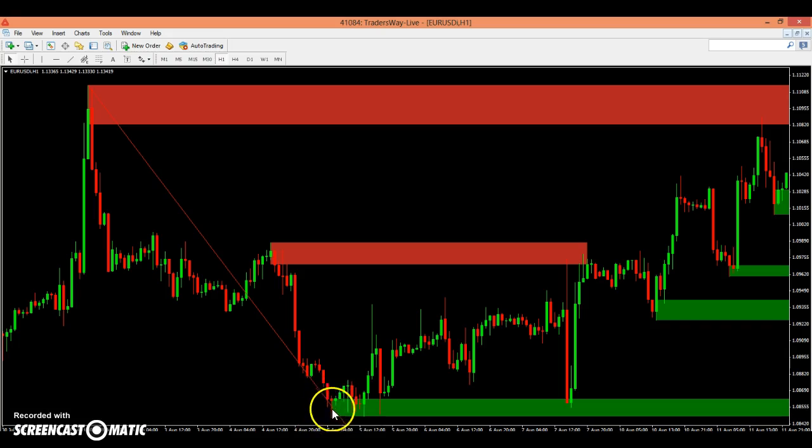In this case, we closed above. We're now waiting on our demand to be formed. Right here is 4 candles to the upside. Remember 3 to 4, so it's 4 candles to the upside. This is insinuating that this downtrend is indeed over. So now we're looking for long opportunities, buying opportunities.